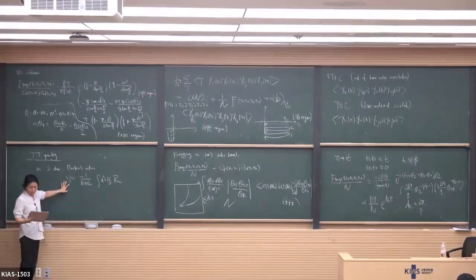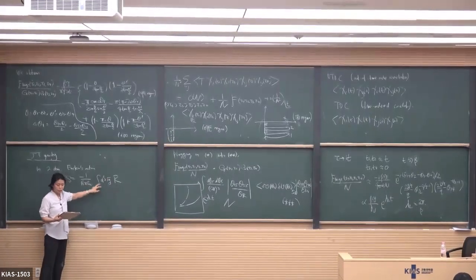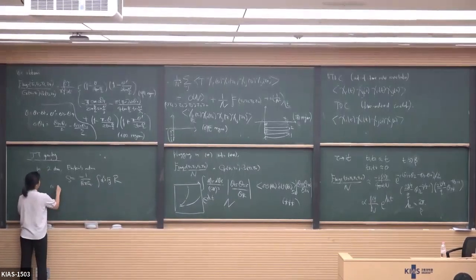It's a surface term. This computes the Euler characteristic of your space-time manifold.